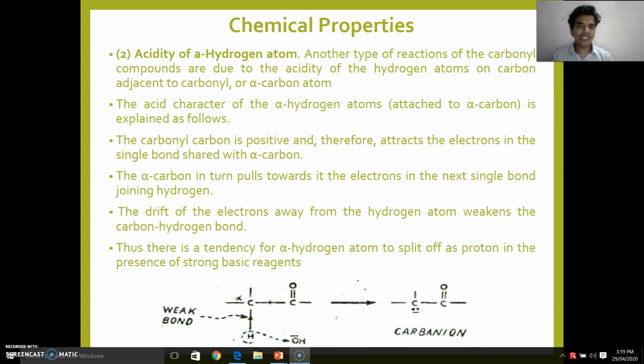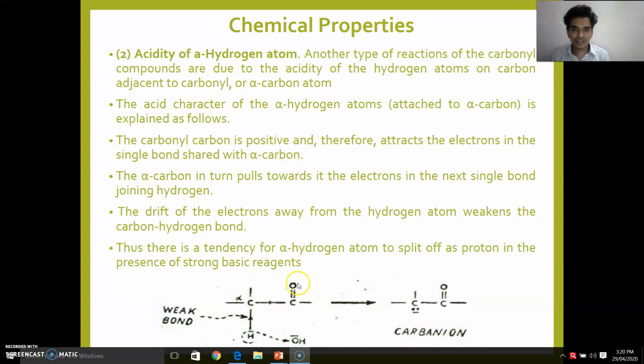The alpha carbon in turn pulls towards itself the electrons in the next single bond joining the hydrogen. The drift of these electrons away from the hydrogen atom weakens the carbon-hydrogen bond. Thus there is a tendency for the alpha hydrogen atom to split off as a proton in the presence of a strong base, and it will give the carbanion in this way.